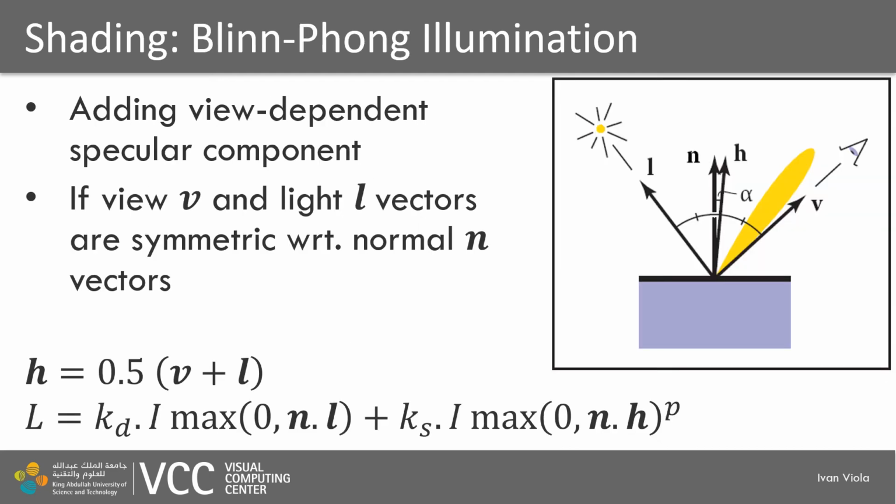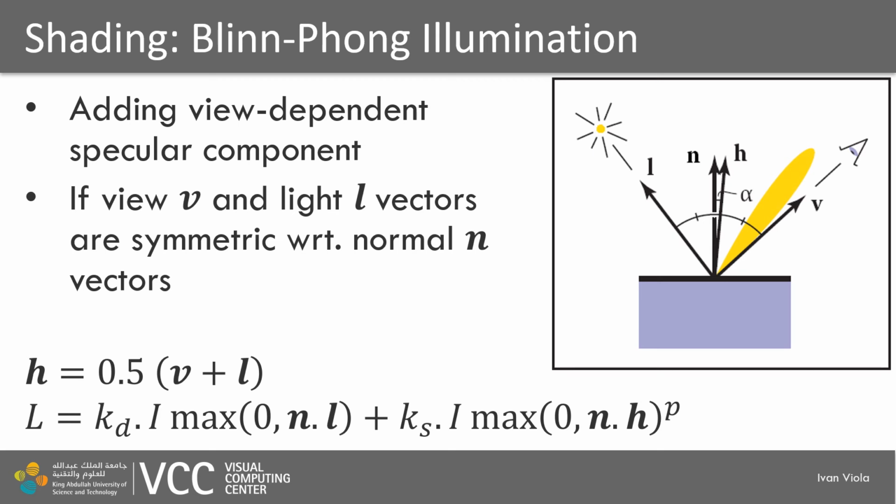On top of the Lambertian shading, we will also define a more complex shading model, which is often referred to as Blinn-Phong illumination. This model adds on top of the Lambertian shading the behavior of materials which are more shiny.